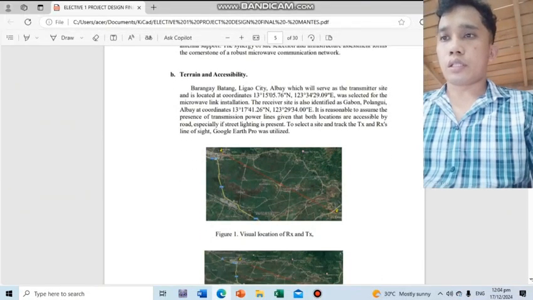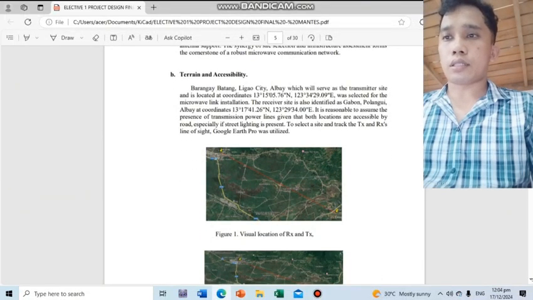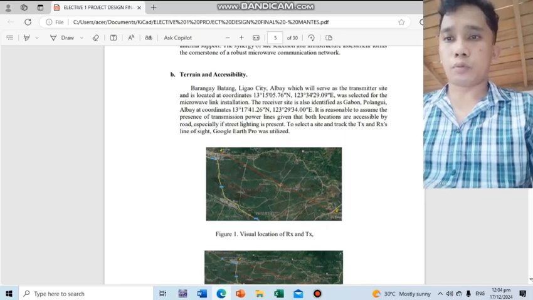Next, the terrain accessibility. For this one, I've used Google Earth Pro in order to properly map the distance between the transmitter and the receiver.